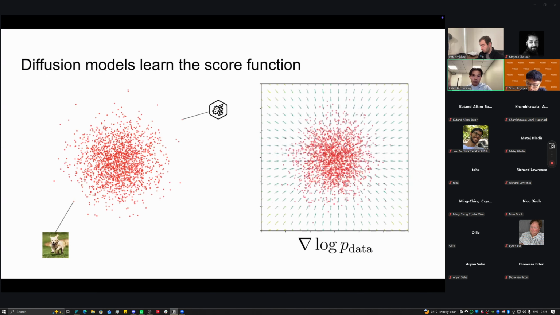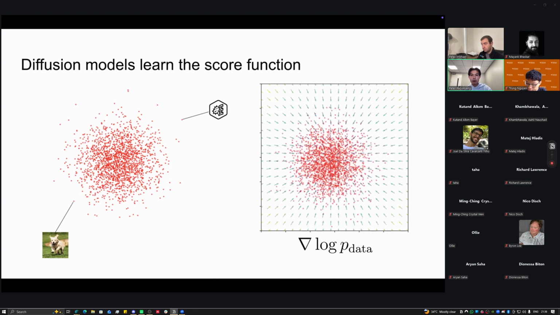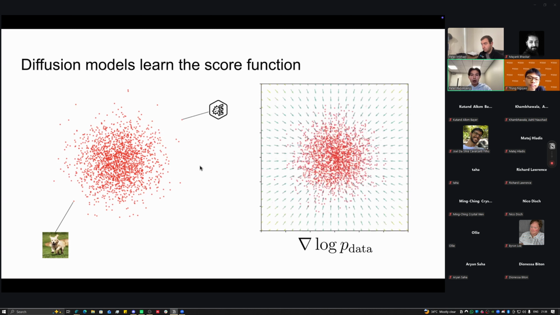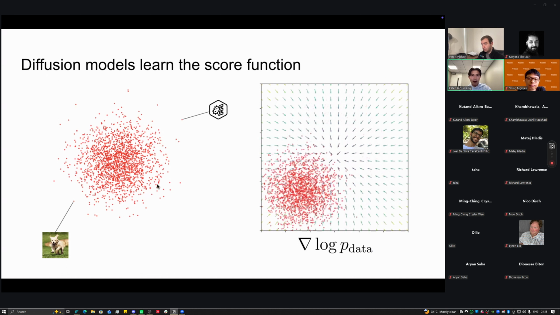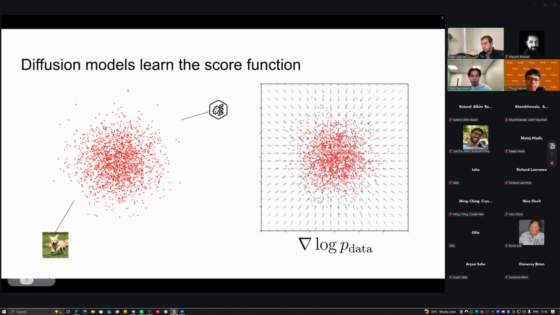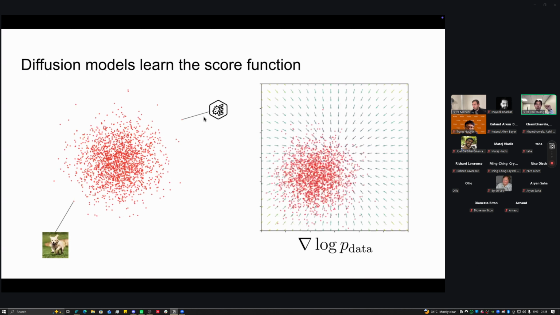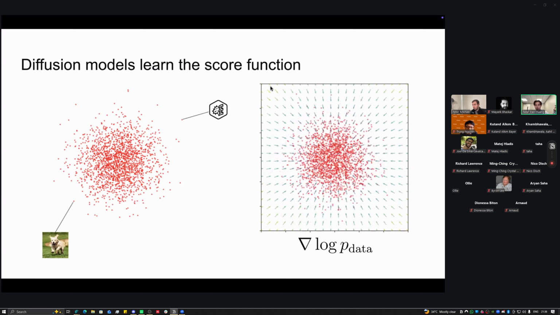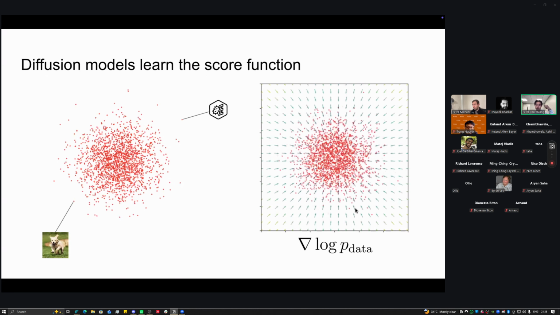We've seen that diffusion models are quite good at sampling realistic images or other continuous data from P data. Effectively, you have your empirical distribution or data set of, for example, dog images, or another example could be single cell gene expressions. Diffusion models learn something called the score function, which is the gradient log density.